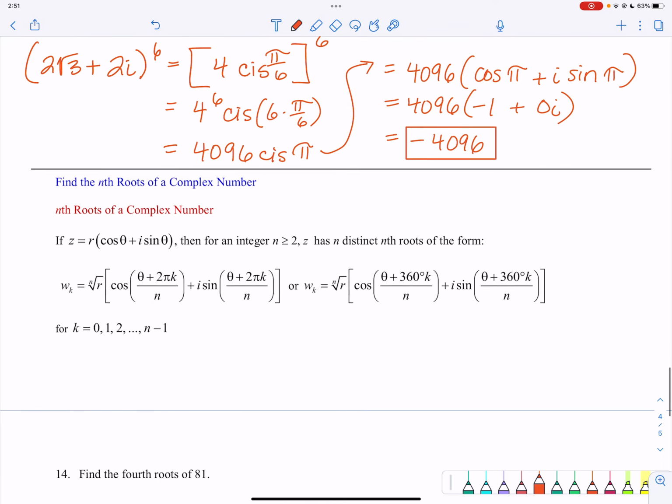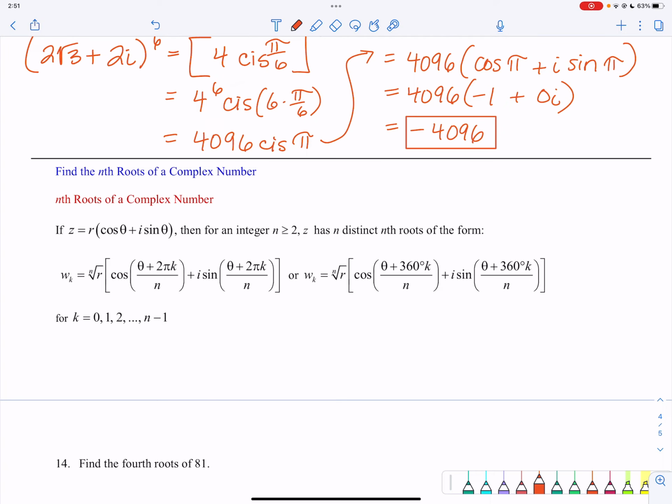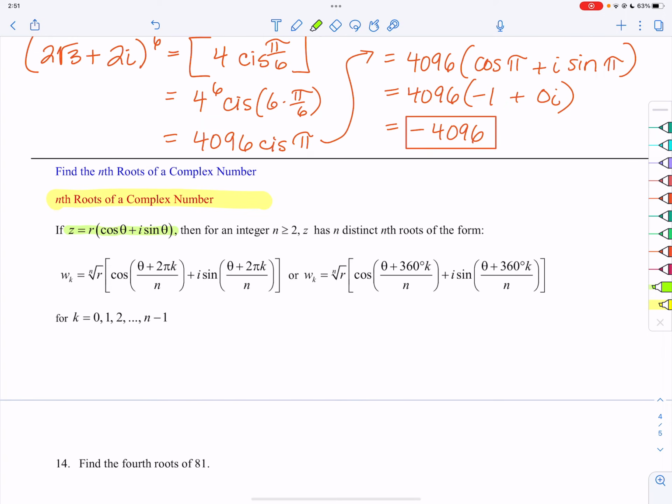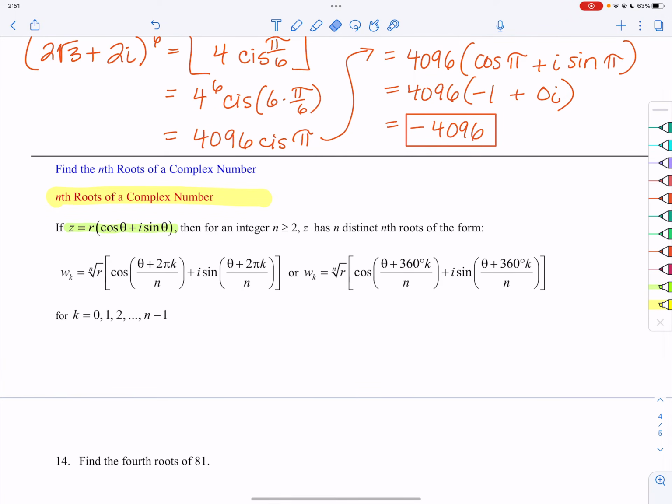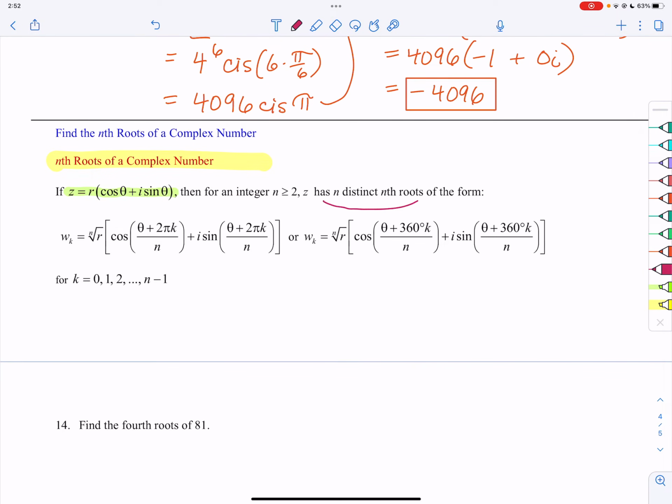Okay, now we're going to find the nth roots of a complex number. So, in order to do that, if we're given z equals r cis theta, so for an integer n greater than or equal to 2, z has n distinct nth roots of this form, and you can see them here.